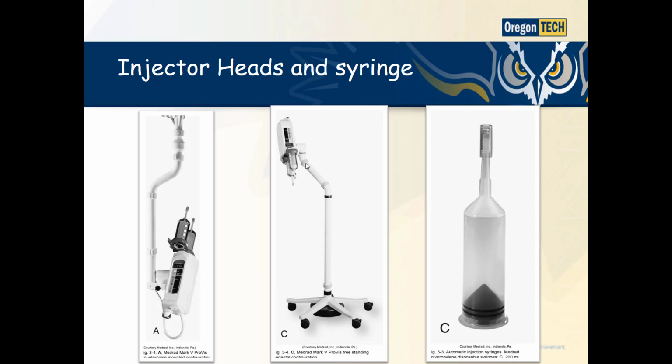You'll see one like this sometimes in CT, and then you'll also see the injector head mounted to the table in a vascular interventional lab. And you can see the thick plastic walls. This is the sleeve here, and then this is the syringe that would be put into the sleeve.